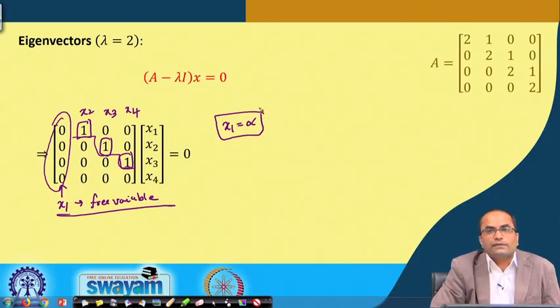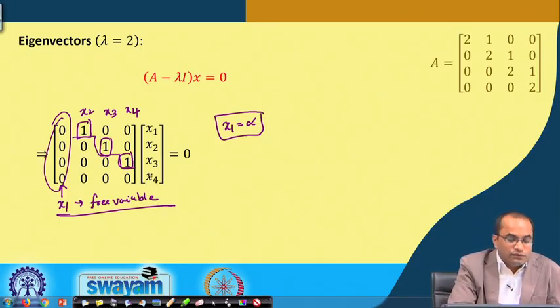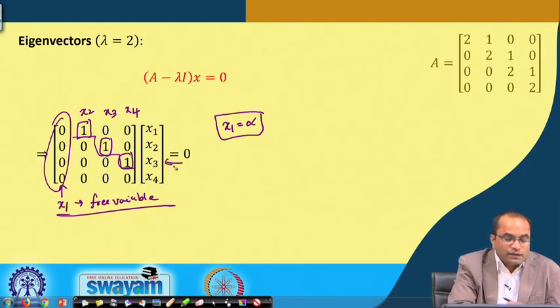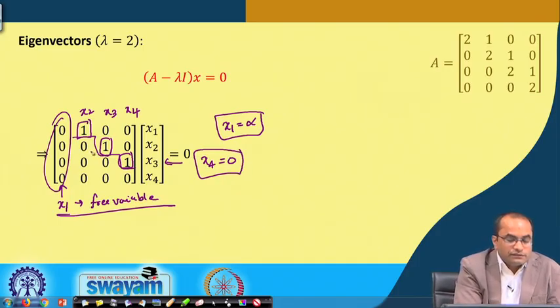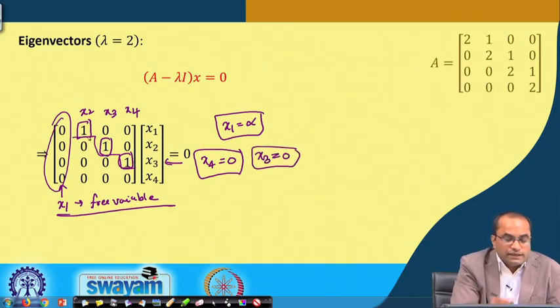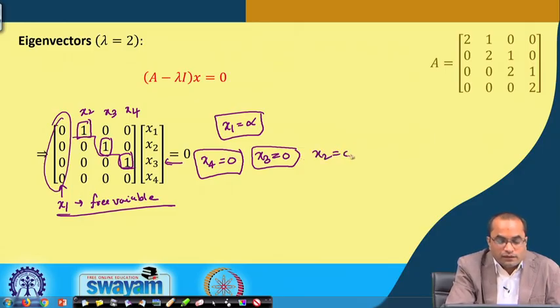So, x 1 is taken as alpha and now we can get the other variables. From the third equation we are getting x 4 is equal to 0, so no dependency on alpha indeed. From the second equation we are getting x 3 is equal to 0, and from the first equation we are getting x 2 is equal to 0.